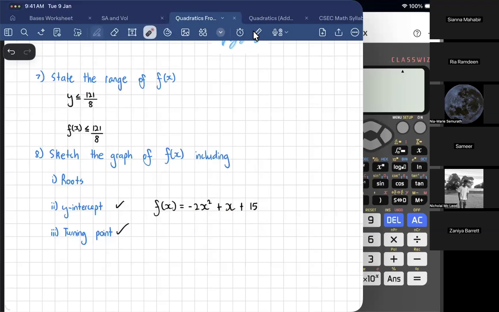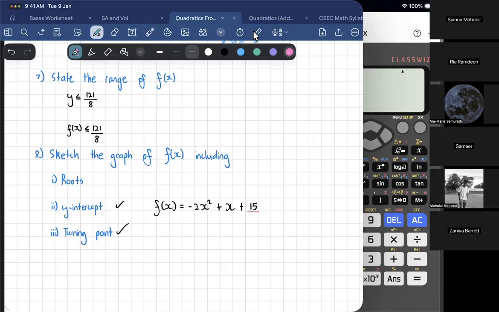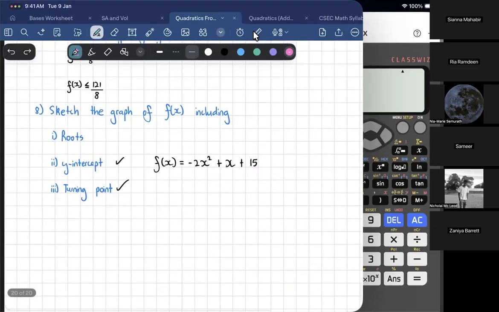We have the turning points already. The only thing that we're missing is the roots. Could anybody help me with finding the roots? Do you know how to find the roots? I'm waiting for somebody to help me. Do you all remember how to find the roots of a quadratic?